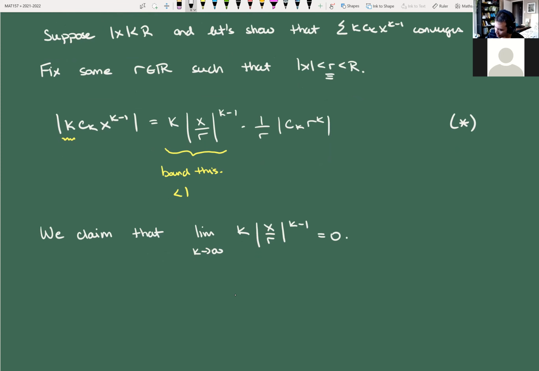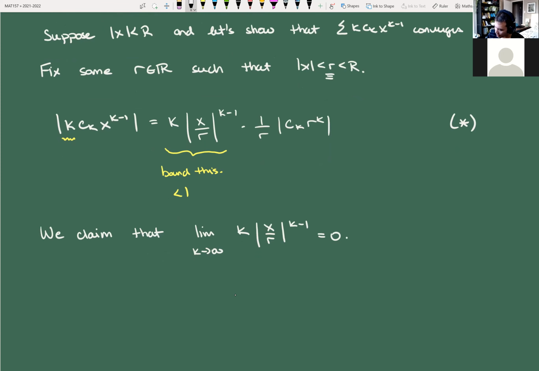Okay. So what do we want to do here? Right, okay. So we've got this to be true. So we know the original power series diverges. So now I've got k ck x to the k minus 1 here, again greater than or equal to just ck x to the k minus 1, right? Because again, we're doing divergence, so greater than or equal to is exactly what we want. And once again, we can just do this thing: ck x to the k like this, right?